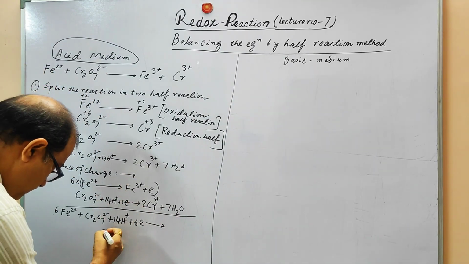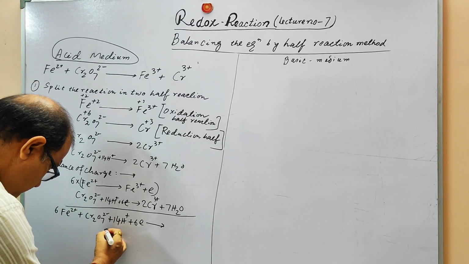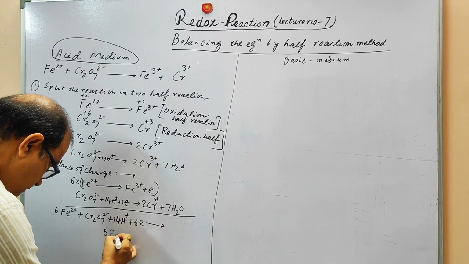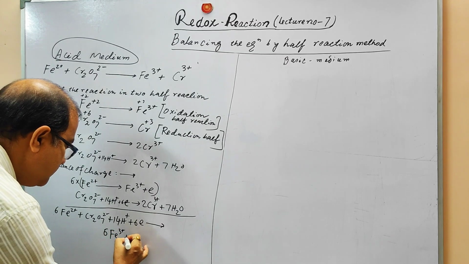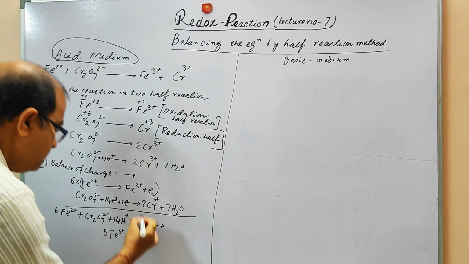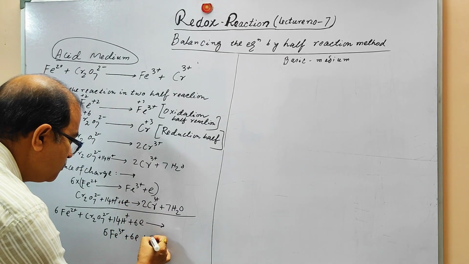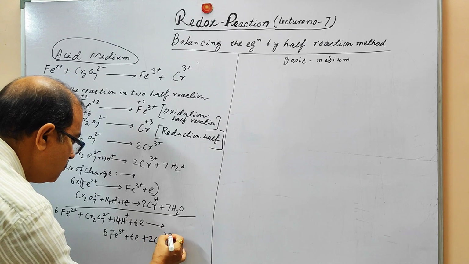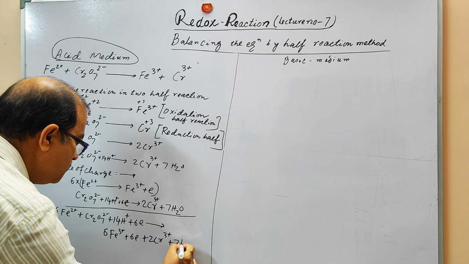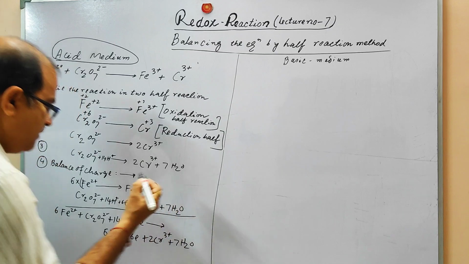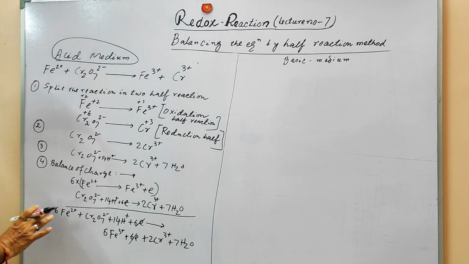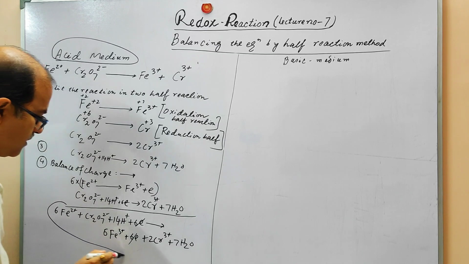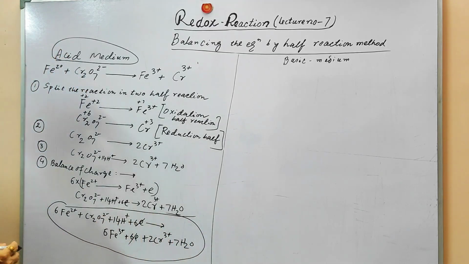And on the right hand side you can see 6 Fe3+, 6 electrons, then 2 Cr3+ plus 7 H2O. Now you can see that the 6 electrons and 6 electrons cancel. So you can see the reaction is now balanced.